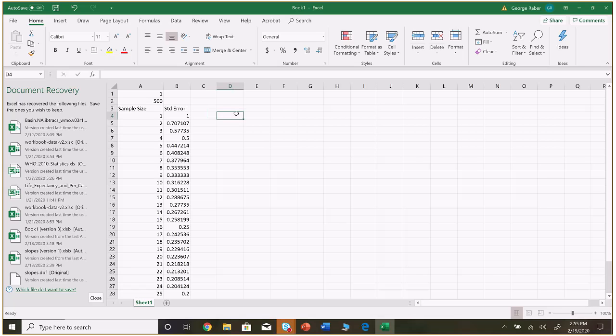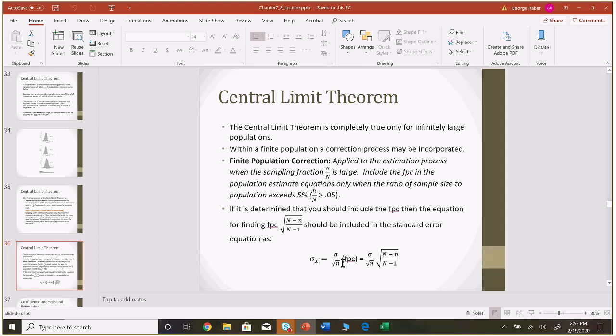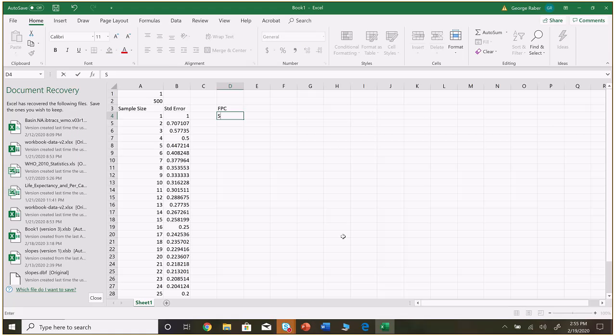So the way we figure out the FPC here is, let's call this pop size, and I need to put an equal sign here.